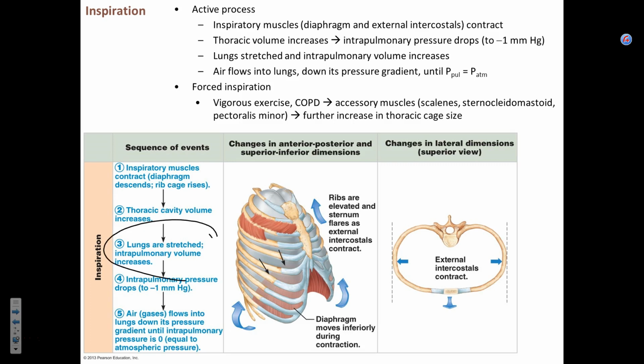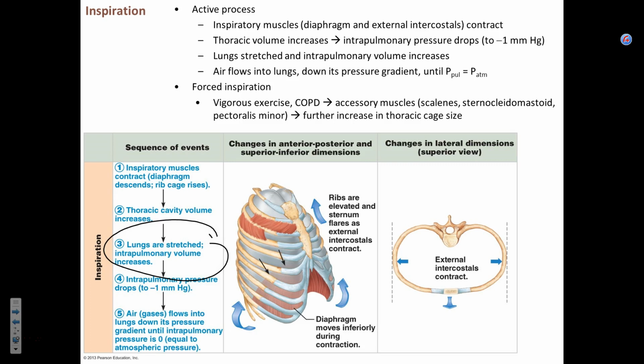So the volume of the lung increases when the cavity increases, right? That makes sense. You understand? Volume increases, pressure drops, air flows. At the peak of inhalation, atmospheric pressure and intrapulmonary pressure are the same. Does that make sense? That's it.